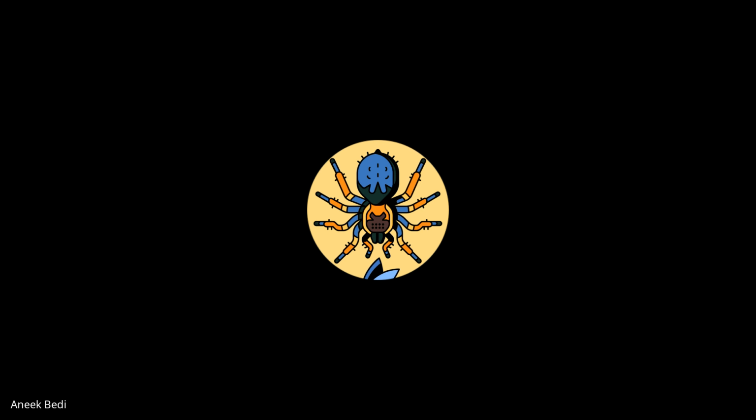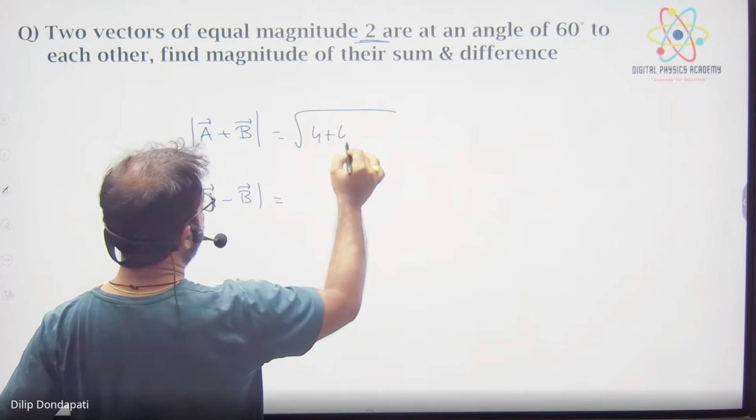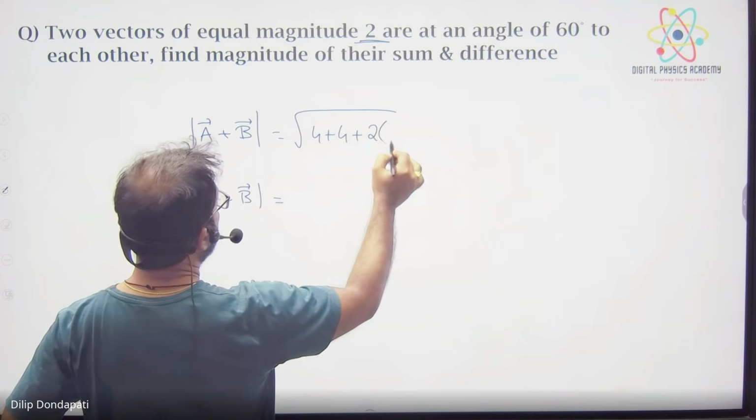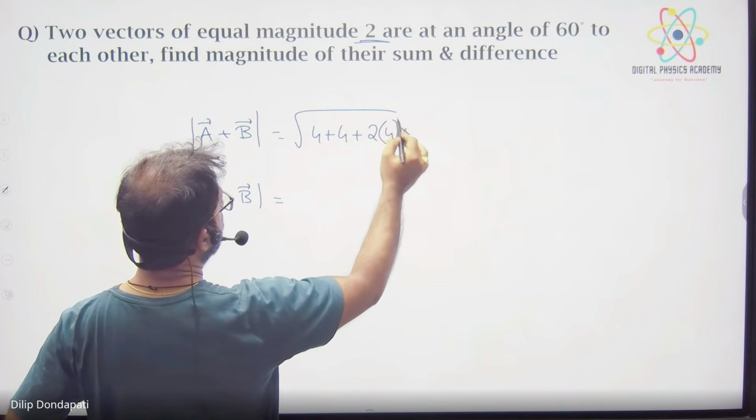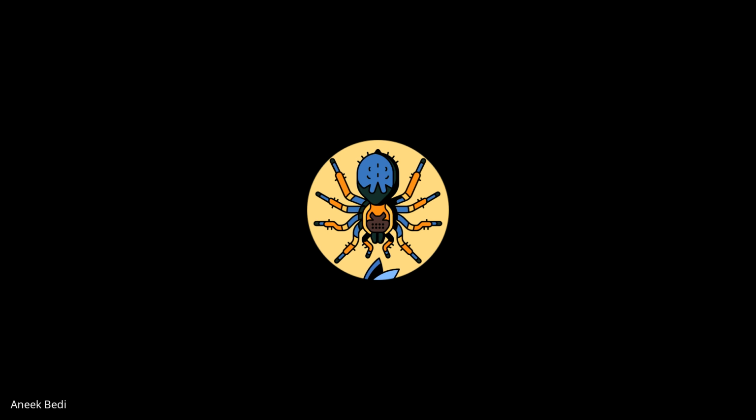Sir, done. How much? A plus B mod is 2 root 6, and A minus B is minus 2 root 2. What is the formula? Root of A square plus B square plus 2AB cos 60, that is 4 into cos 60, how much? 1 by 2. So 2 cancels.